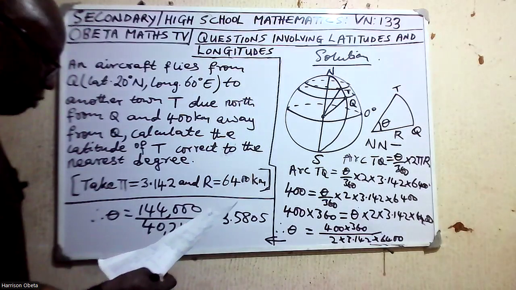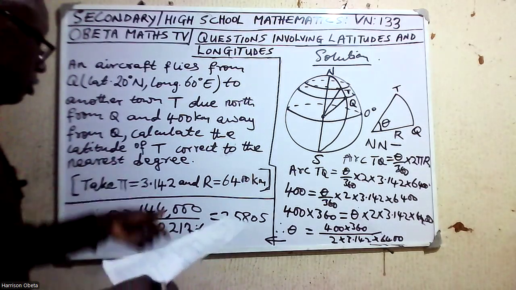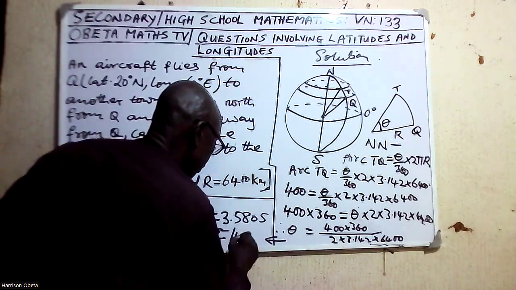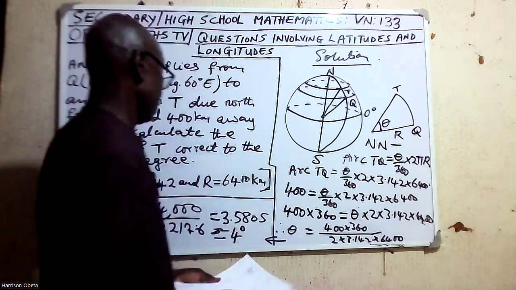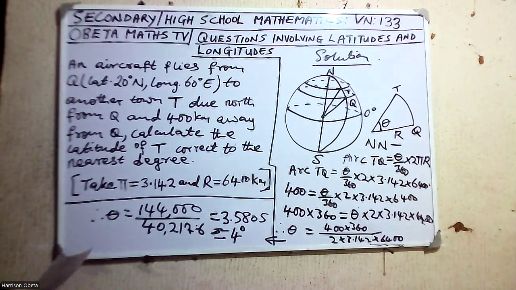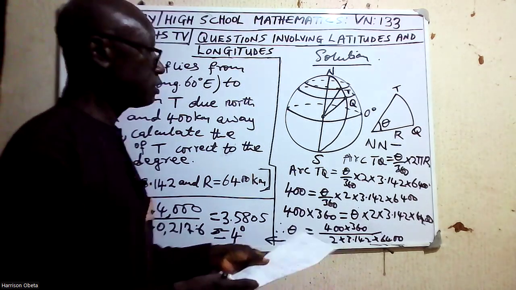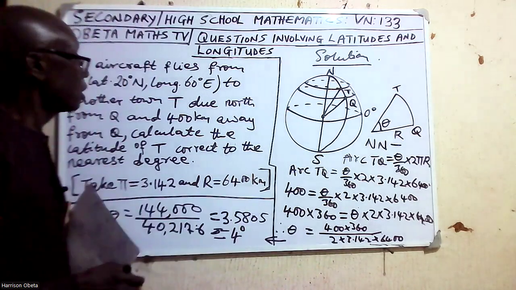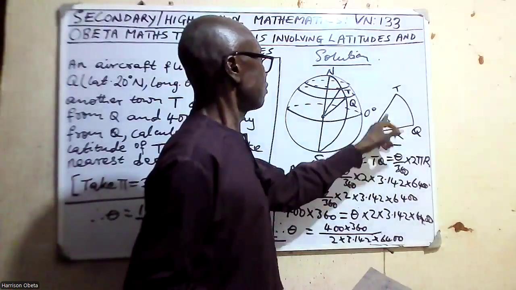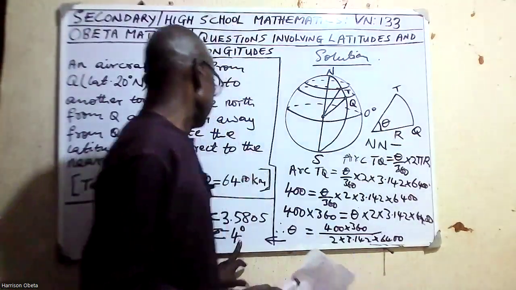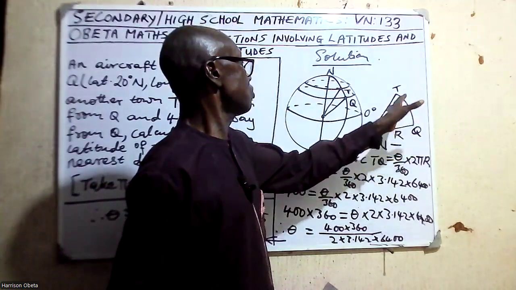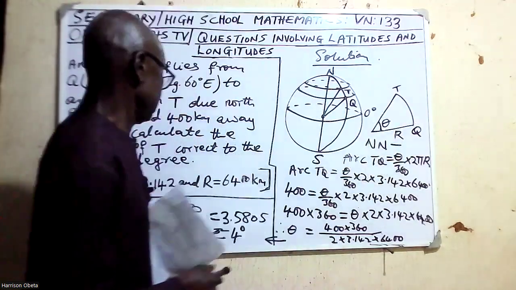But we have to calculate approximately to the nearest degree. So that will be approximately equal to 4 degrees, because this is up to 5, so it took it to be 1 and add. Now, since we have that, that means the angular distance from here to here is 4 degrees. And as I said earlier, as you are going up, the degrees will be increasing until you get to 90 degrees.